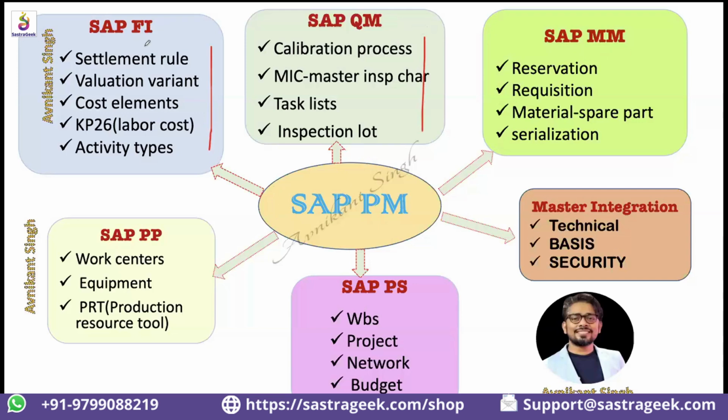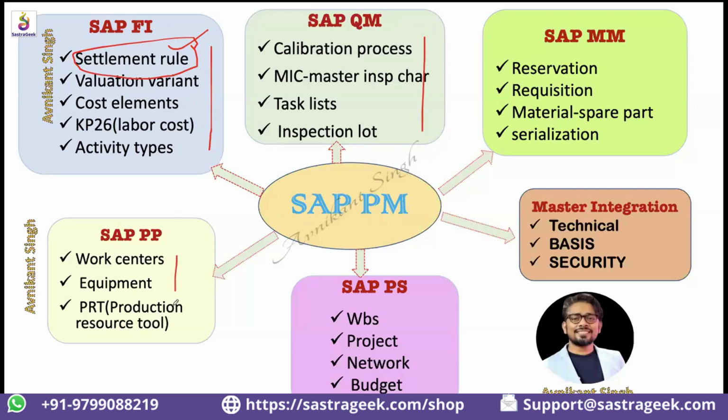FI, where will we link to? I think Pramendra sir was asking how it is linked. So this is the answer we would be expecting: settlement rule is there, valuation variant is there, cost elements are there. These are the objects, the master data, that we will be linking to each other.